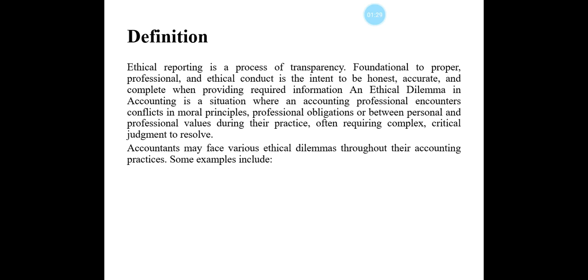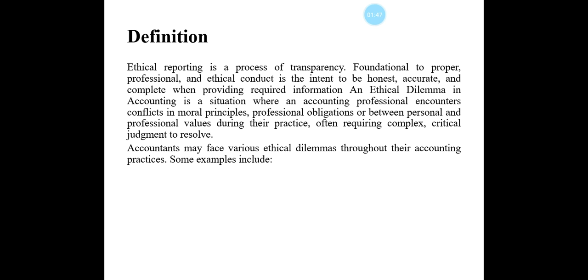An ethical dilemma in accounting is a situation where an accountant, or an accounting professional, encounters a conflict in a moral principle, professional obligation, or between personal and professional values.